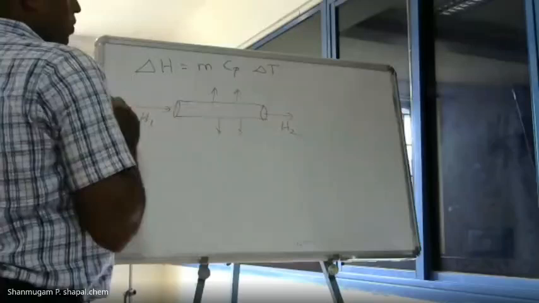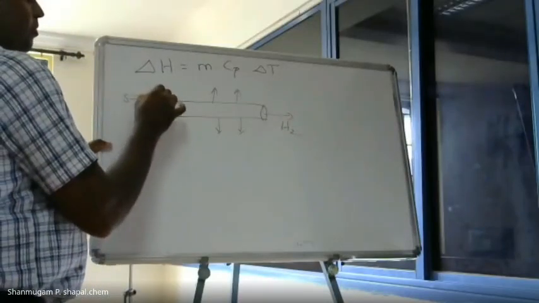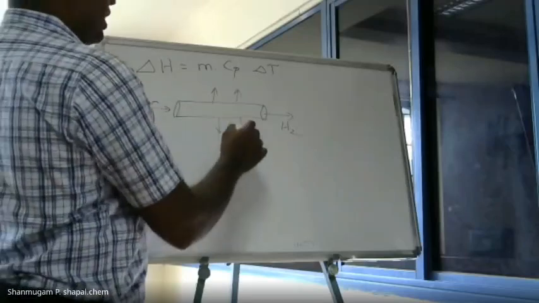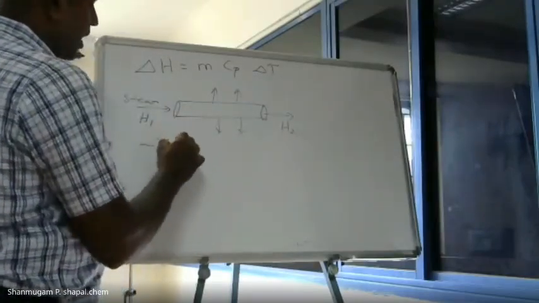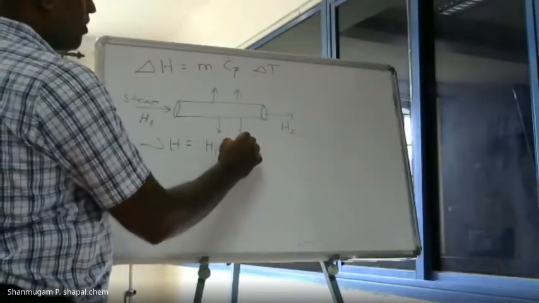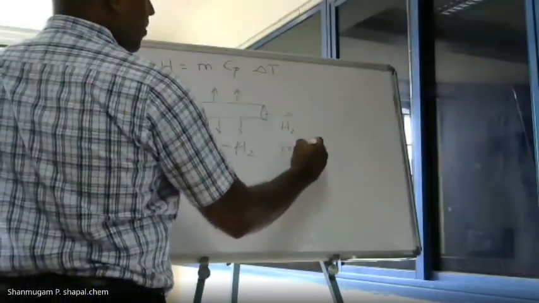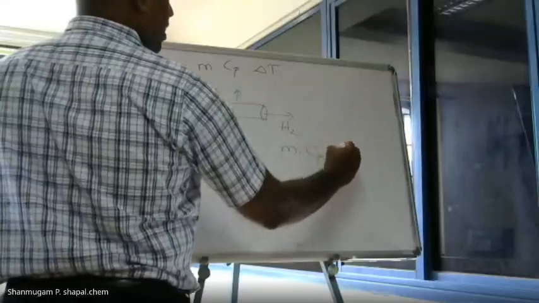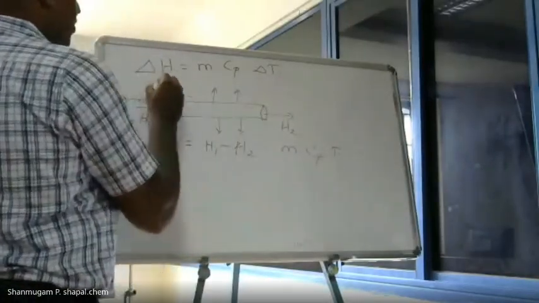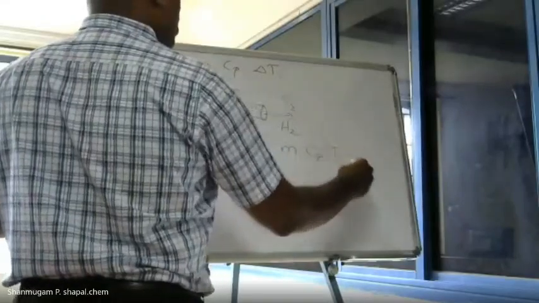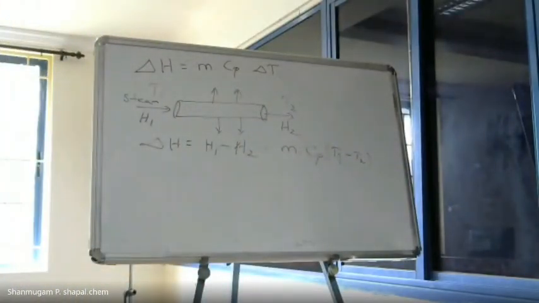Okay. So this we say is steam. You supply steam in a pipe and the heat started to eject out there. So this delta H is your H1 minus H2. This will be written as mass Cp times T1 minus T2, where this is T1 and this is T2. This is how we write the simple calculation of the enthalpy in a particular system.